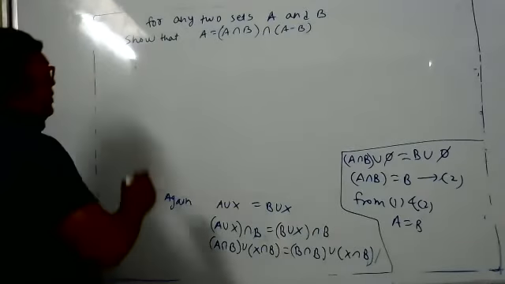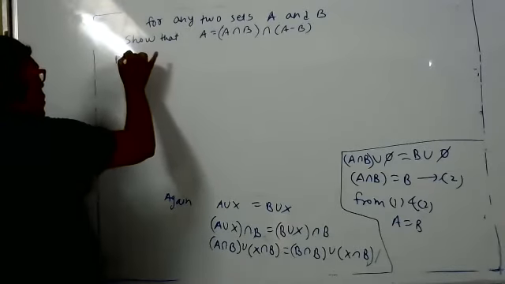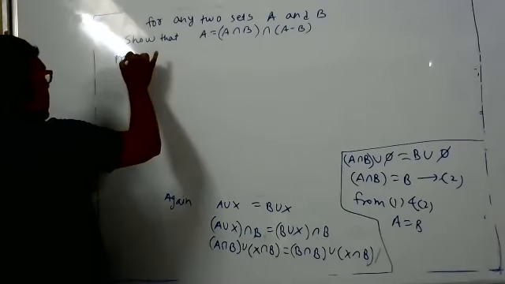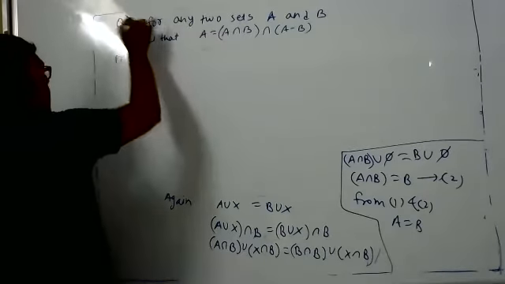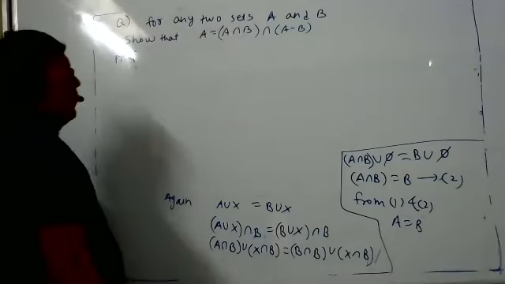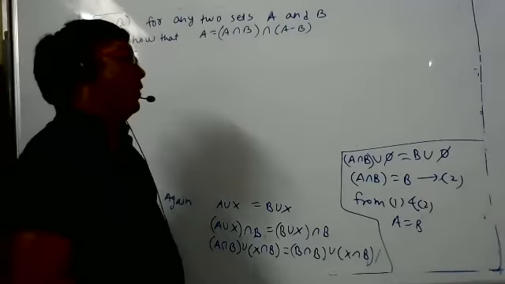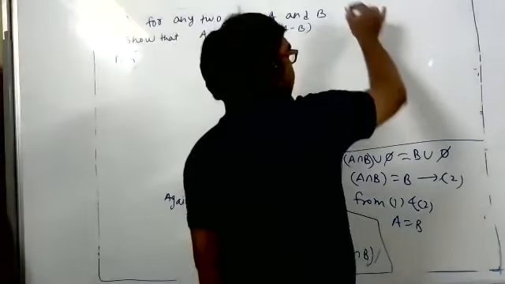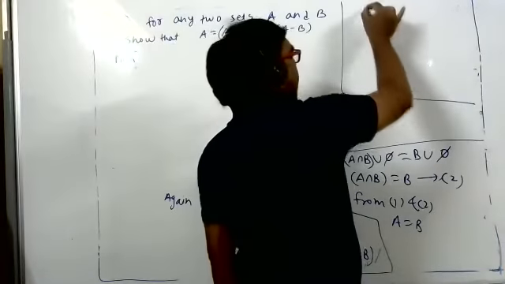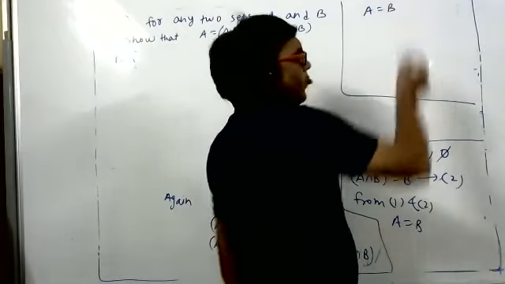Okay, I'll do this sum. Proof. The question is: for any two sets A and B. It is a very simple concept. Somewhere you have to prove set A is equal to B. What is the basic thing?